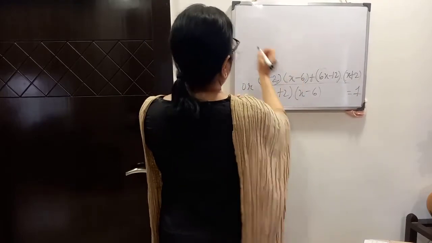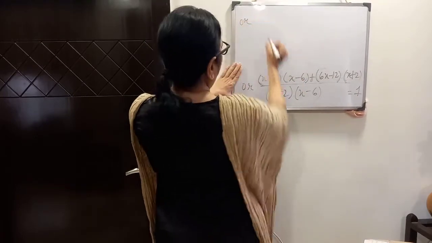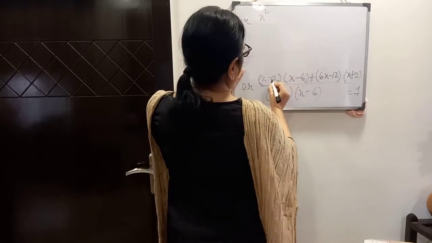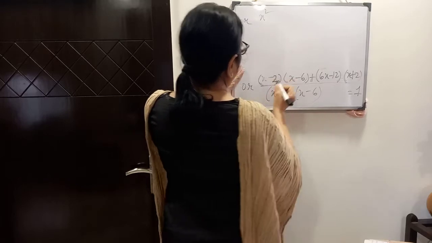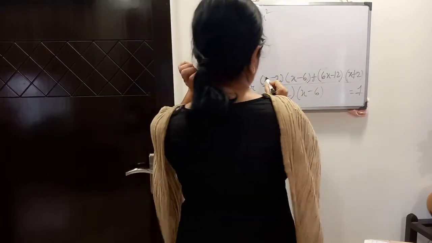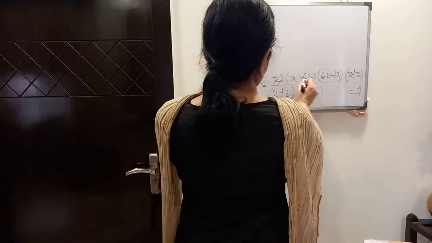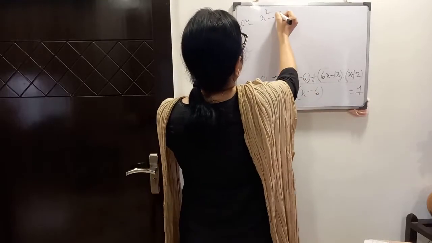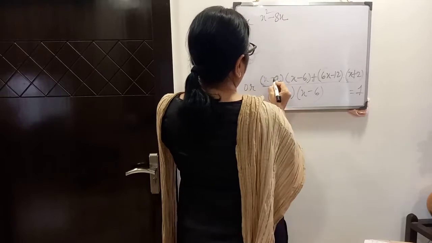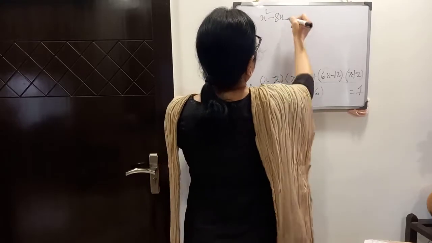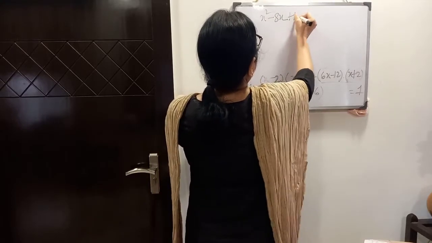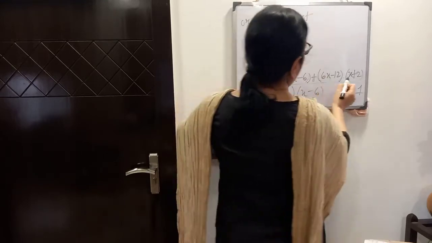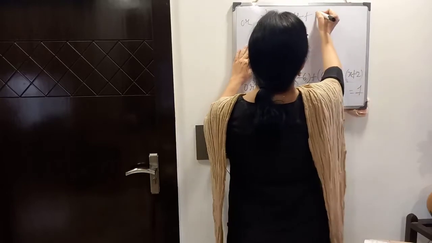Now you have to multiply carefully. x square. Directly I am showing you, see. When you open the bracket, from there you will get minus 2x minus 6x. So directly I am writing minus 8x. One more step I will show. 2 into 6, minus into minus, plus 12, plus here 6x square.